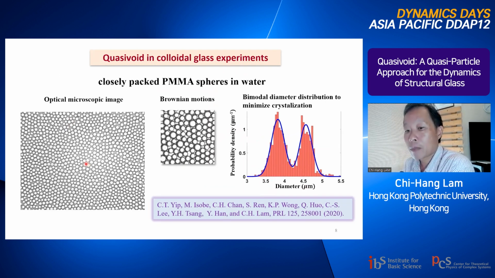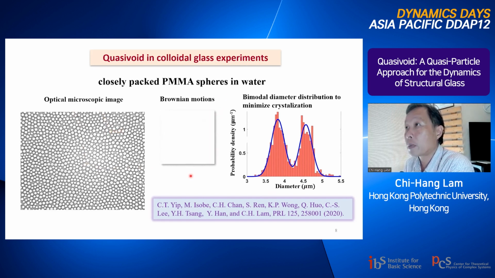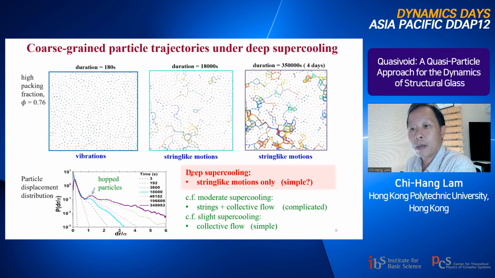We put them on a substrate and look at them using an optical microscope to form a close-packed 2D amorphous system. And it is immersed in water, so they carry out Brownian motion.